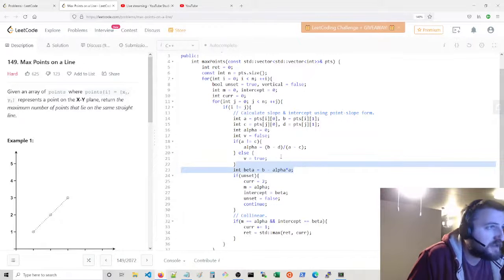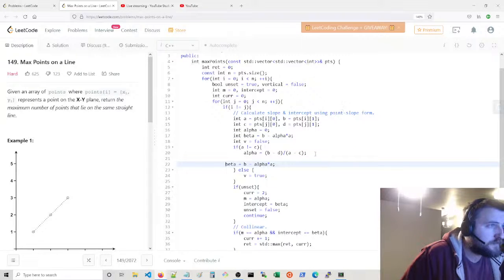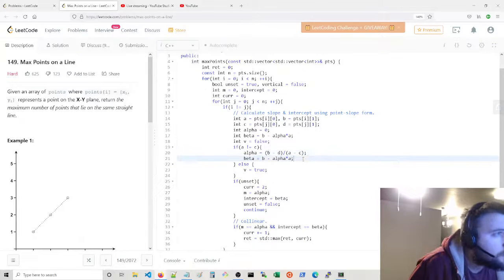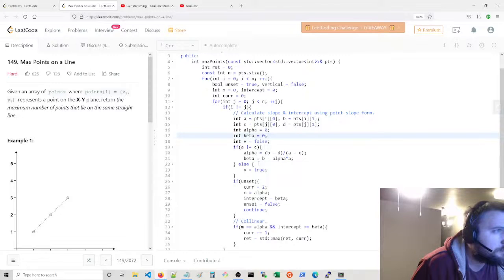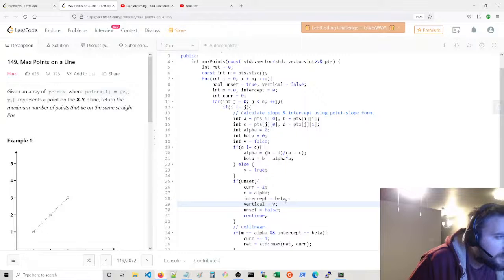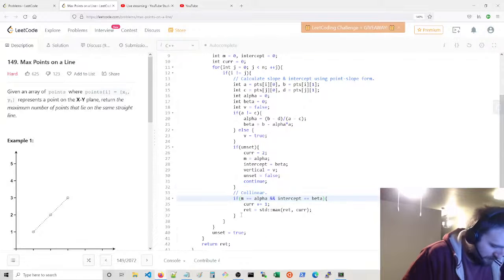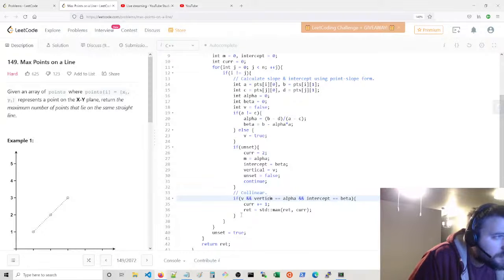So actually both alpha and beta, neither of these can be calculated if we're vertical. So for unset, then m is alpha, intercepts beta, and we should also do vertical equals v. Unset's false. And then collinear if v, so if we're vertical, v and vertical is true.